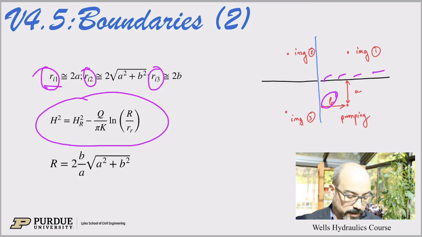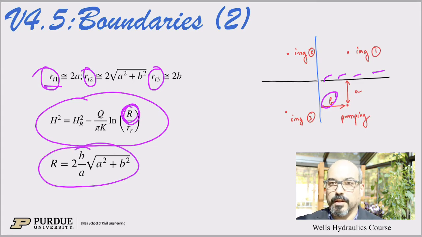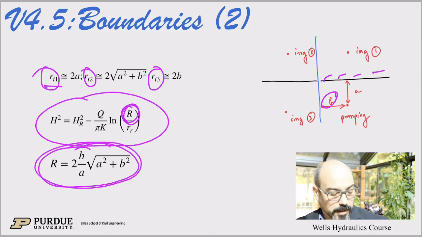And finally plug everything into our original equation, so we can see that this is equivalent to that simple equation with the natural log of some R, which is not a radius of influence anymore, it's just that number here that combines all the geometry of all our wells. So again, we end up with a very simple equation where we can use all that geometry and put it in our equation here. And that's how you solve this problem with the 3 imaginary wells.